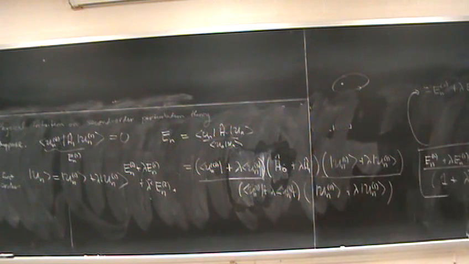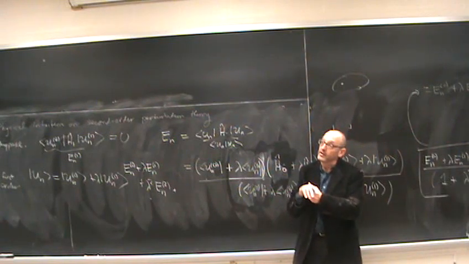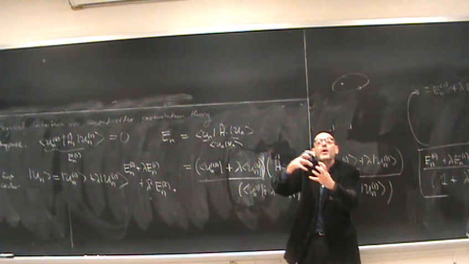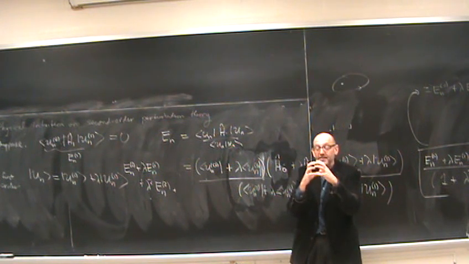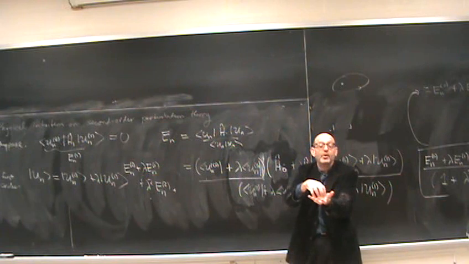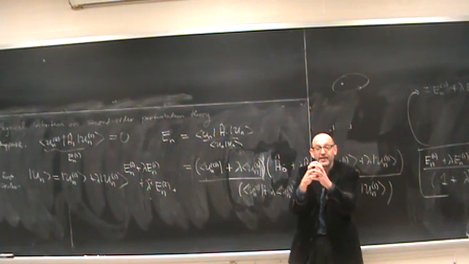We will see an example of that next week when we look at, for example, the problem of the polarizability of an atom. That is to say, we have an atom, and say we put it in an electric field. That electric field, to 0th order, if it's spherically symmetric, doesn't have any energy shift.